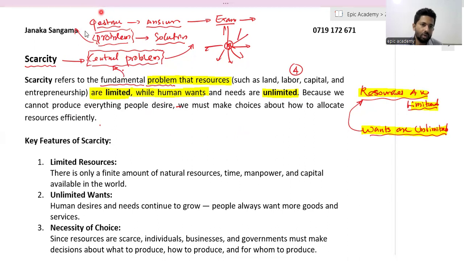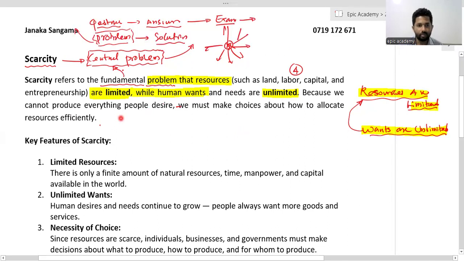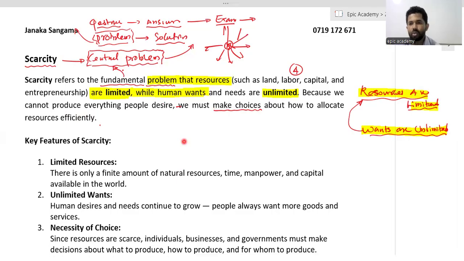Because we don't have enough resources to satisfy each and every human's wants, so you have to make a choice to allocate the resources in a productive manner for producing goods and services.